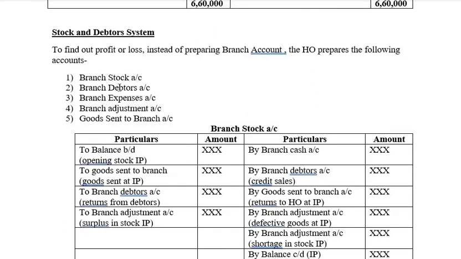Write down these pro formas as well as the journal entries, so that when we start problems in the next class, it will be easy for you to understand. You will have problems on the stock and debtors system for 15 marks, so make it clear. Go through the pro forma and the journal entries so that it becomes easier when we are solving the problems.